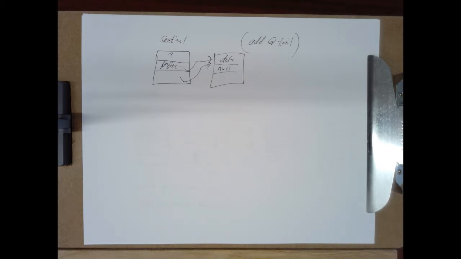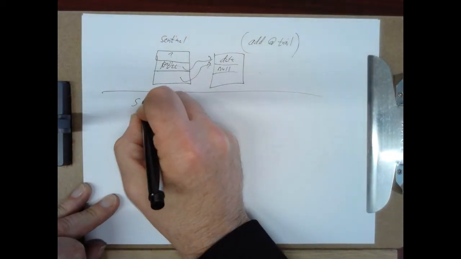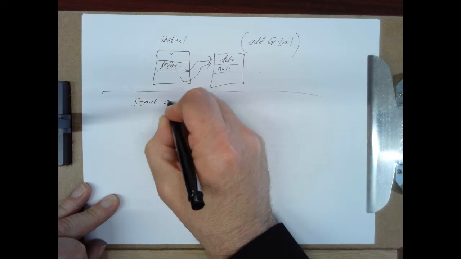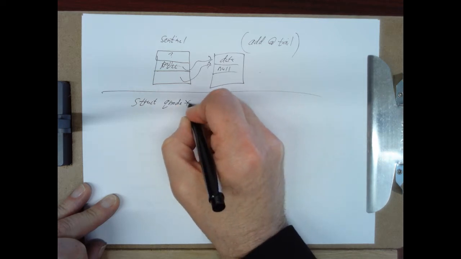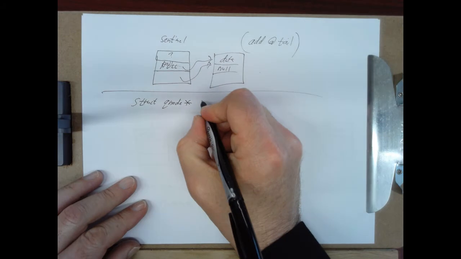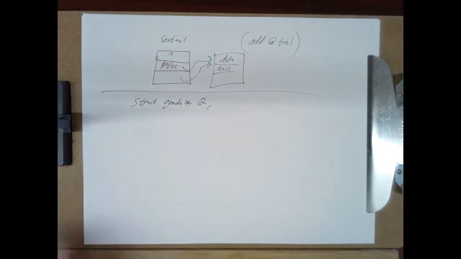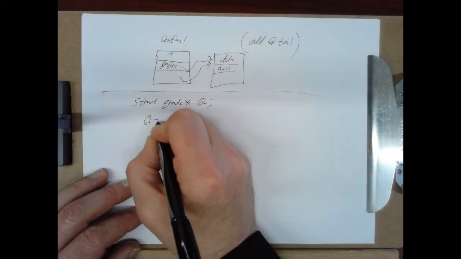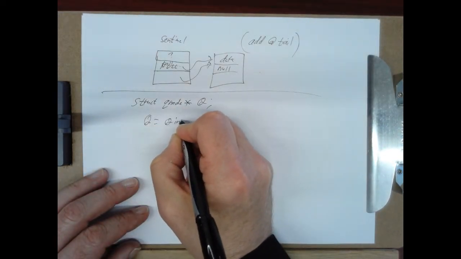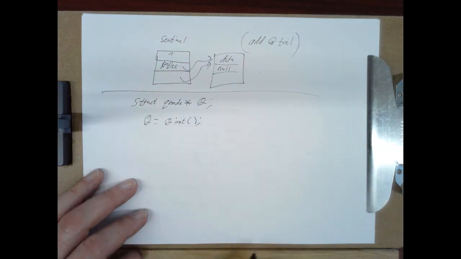All right, so init again is the same as for a stack. You basically create an empty list, which means make a sentinel node, have it point to null, and return its address. So you might have a struct queue node star, and maybe you'll call it queue, and to initialize, call some kind of init routine.